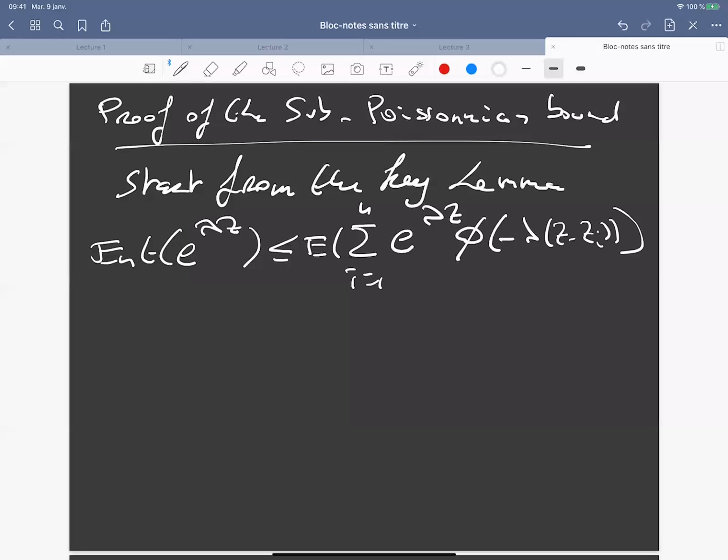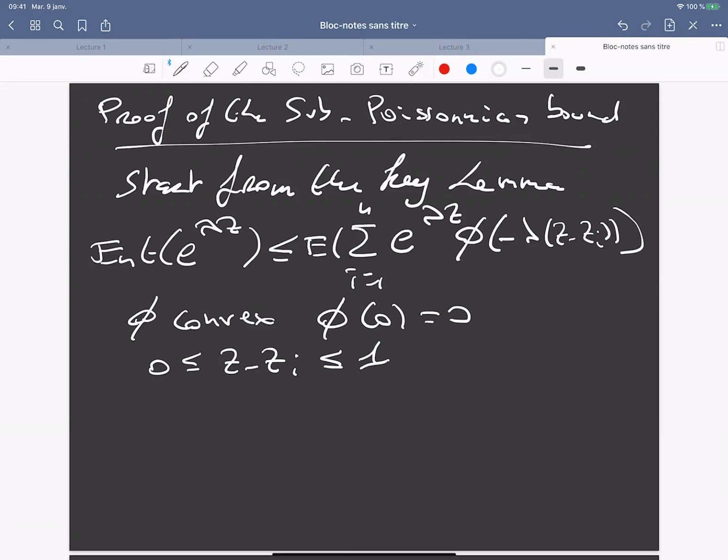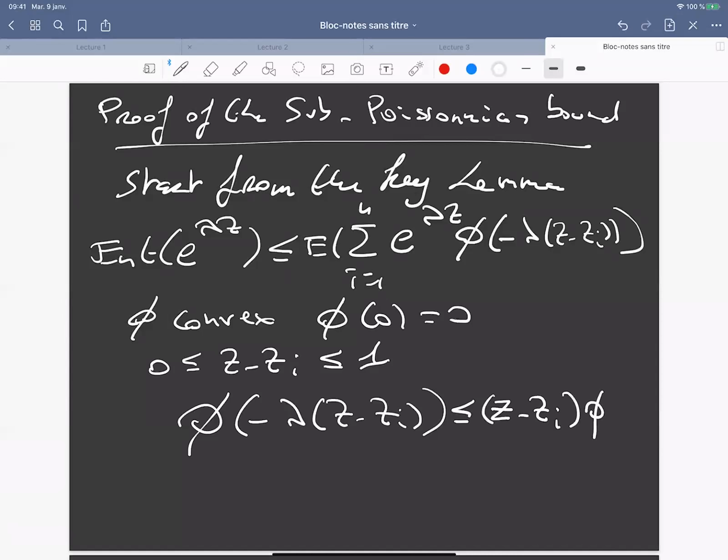And now we use the convexity of phi. Phi is convex, and phi is equal to 0 at 0. So since Z minus Zi is between 0 and 1, this means that phi computed at minus lambda (Z minus Zi) is less than (Z minus Zi) phi of minus lambda, and this holds true for all lambda.